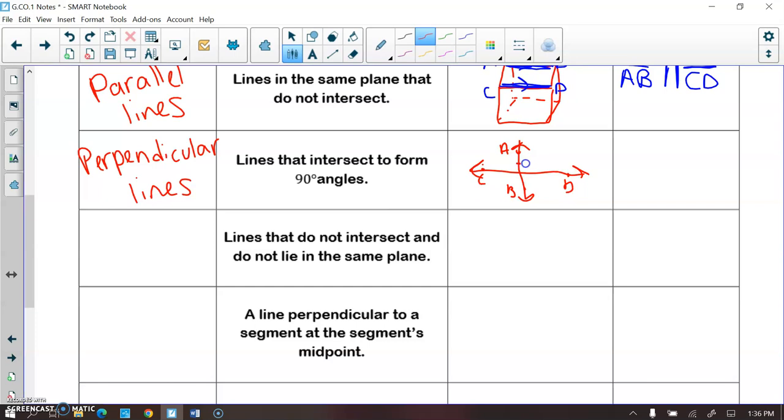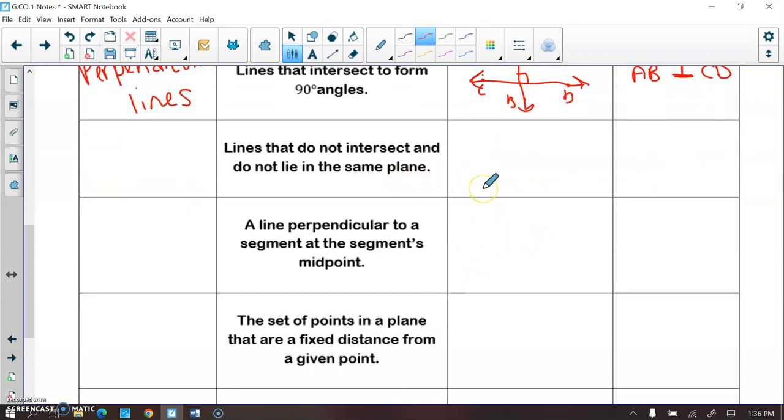But as soon as I put this right angle in, that means that they're perpendicular lines. That's what that right angle states. And we would say that line AB, and the symbol for perpendicular is kind of like an upside down T, that means perpendicular, so line AB is perpendicular to line CD.